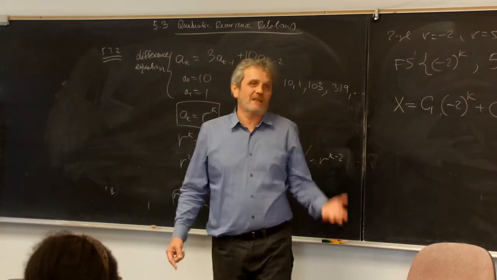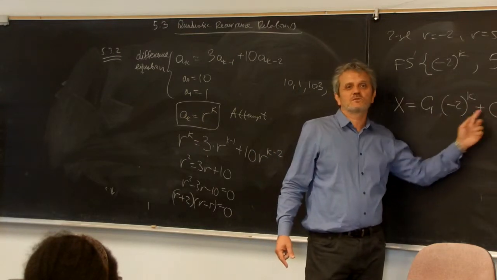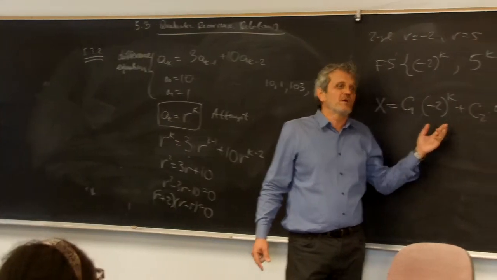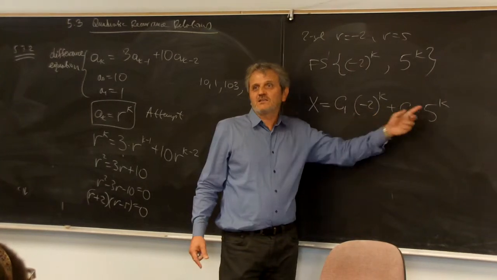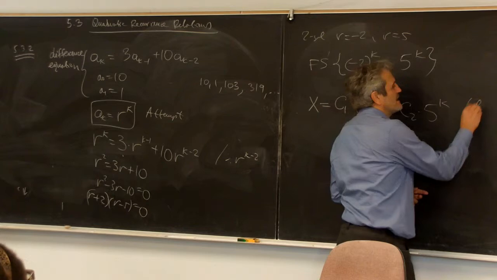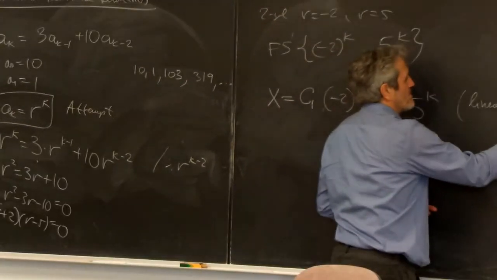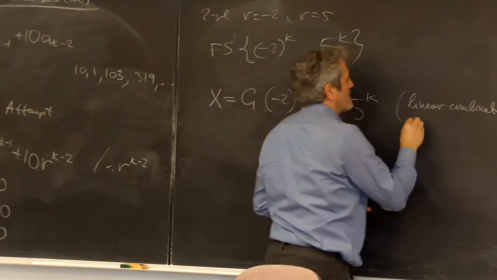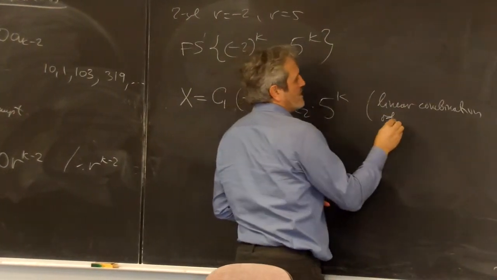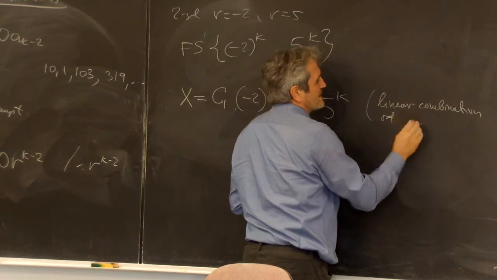In the language of linear algebra, this is called a linear combination of two solutions. You take one of them, multiply by a constant, take the other one, multiply by a constant, and add it up. So this is called a linear combination of basis solutions, or fundamental solutions.